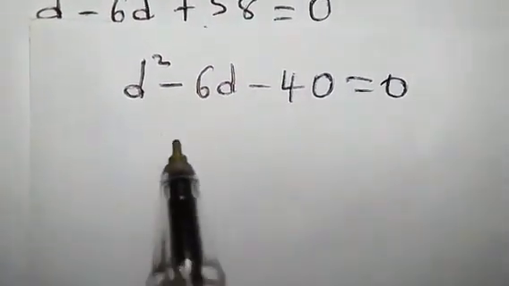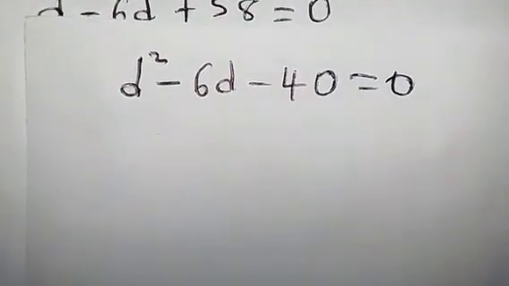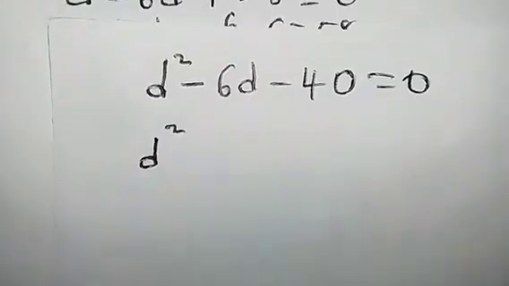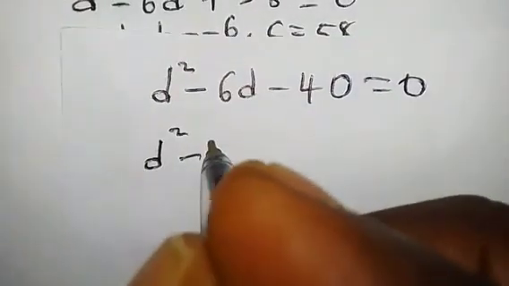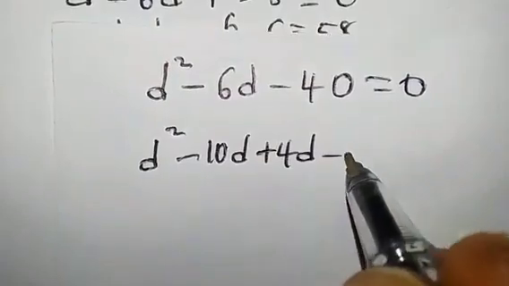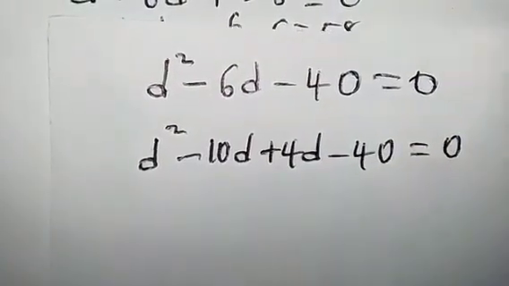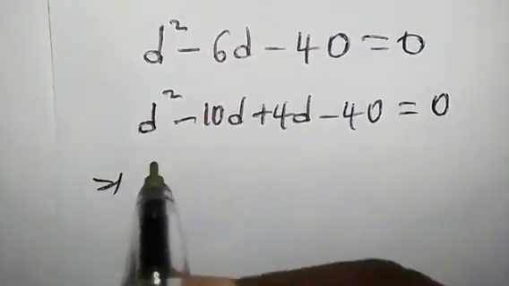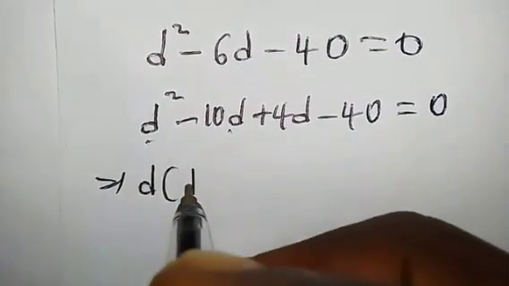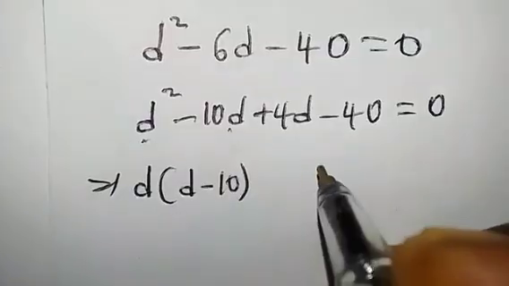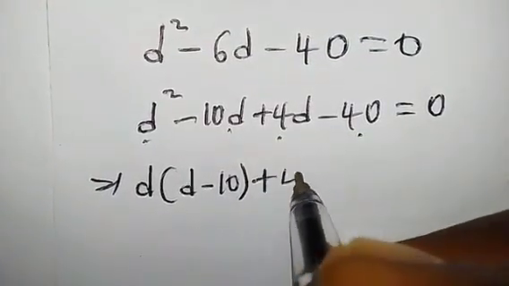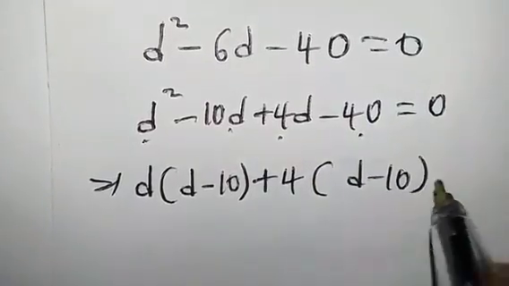You will observe that this quadratic equation is factorizable. d^2 − 6d can be written as d^2 − 10d + 4d − 40 = 0. From the first two terms, d is common, so d(d − 10). Also, we can factor out 4 from the last two terms, plus 4(d − 10) = 0.